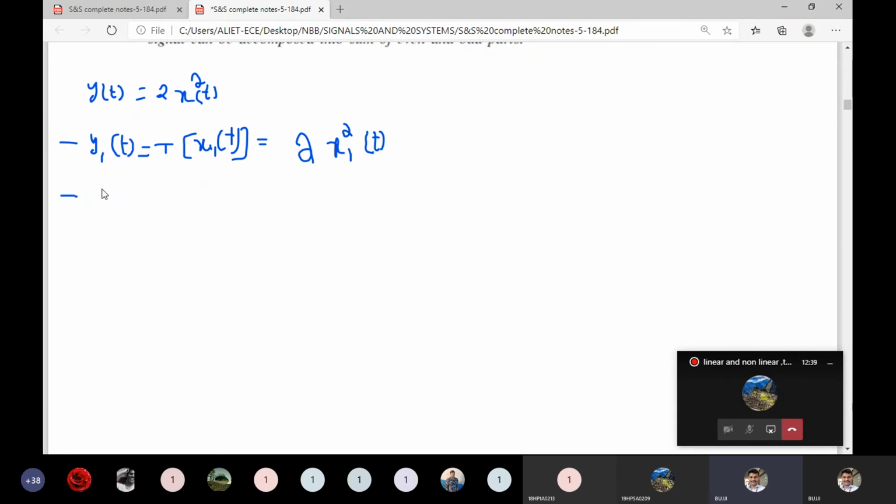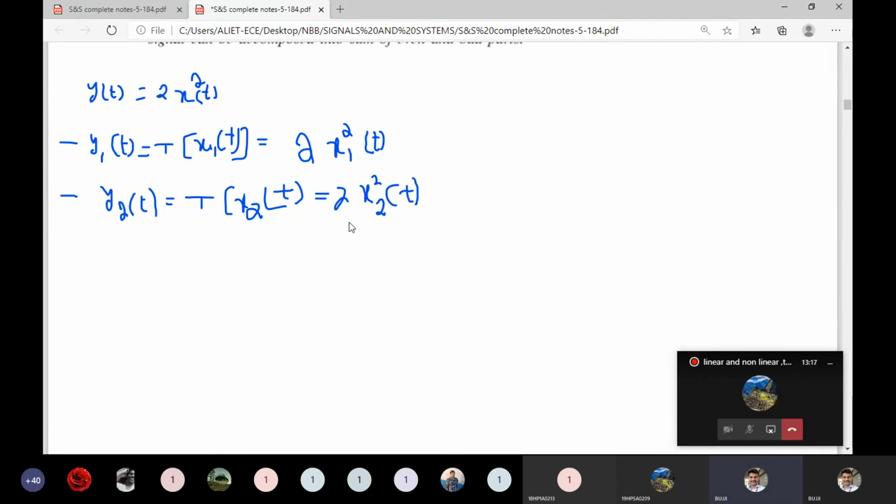And for the second point, write down y2 of t equals the transformation of x2 of t, that becomes 2 times x2 square of t.